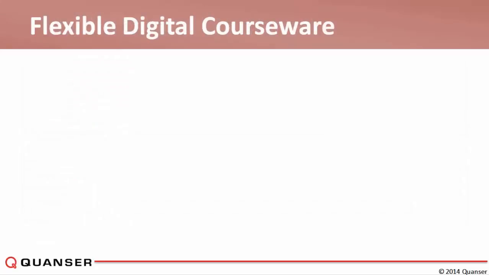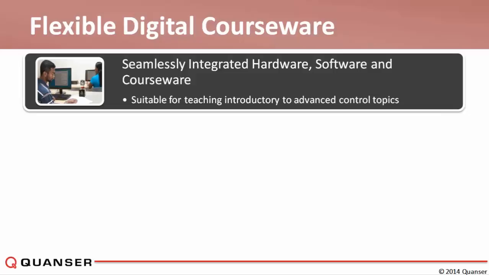With our flexible digital courseware, you can seamlessly integrate the hardware, software, and your courseware together, regardless of the type of class you'd be using the QUBE Servo for. Ideally, it is designed for control theory classes, but it can be used in pretty much any type of application you would like.